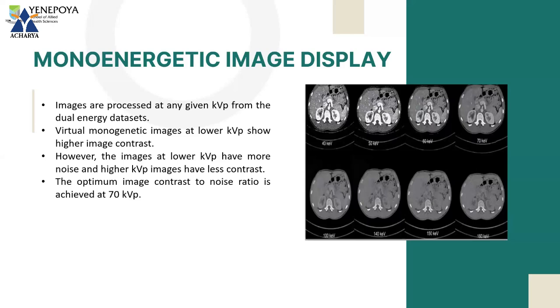Then you can use a filter which has a slightly higher atomic number, which will absorb slightly more radiation, because of which you will get an 80 keV image. So when you keep this differentiation between two types of materials based on the atomic number, you can differentiate between the energies of the X-ray.